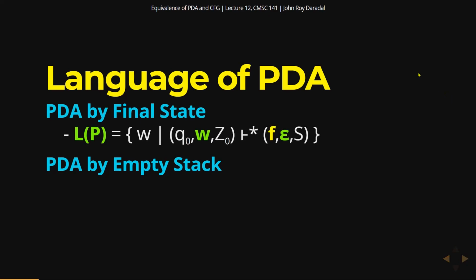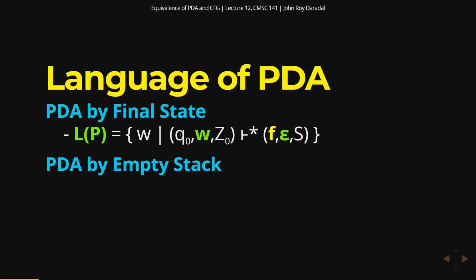The language of the PDA is the set of strings W such that if you start at the start state Q sub 0 with the input string W and Z sub 0 on top of the stack, then it eventually goes to, in 0 or more steps, some ID (F, epsilon, S).